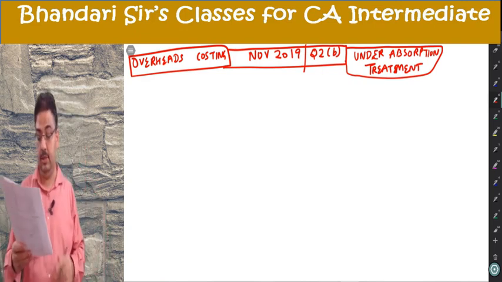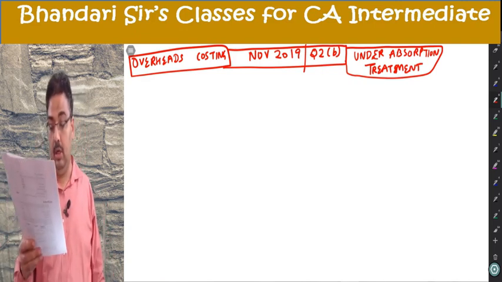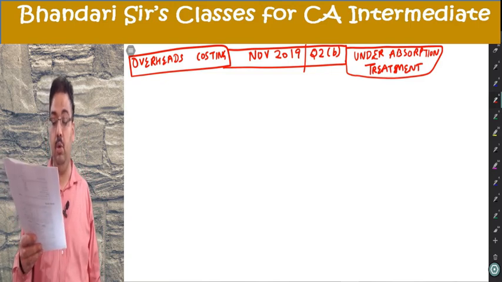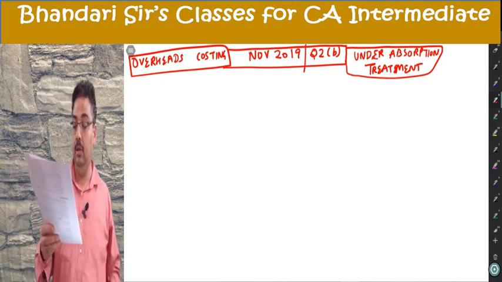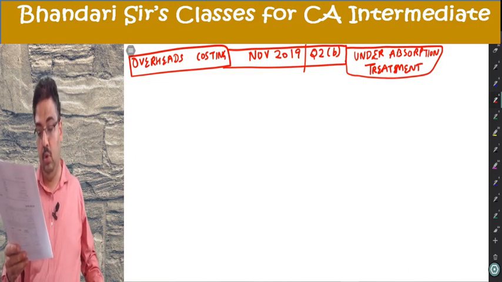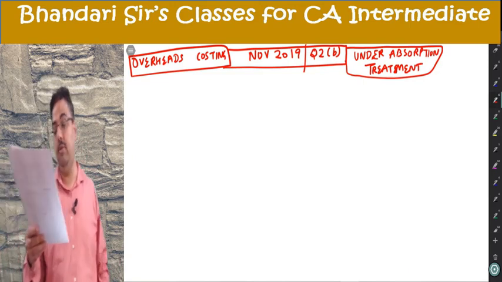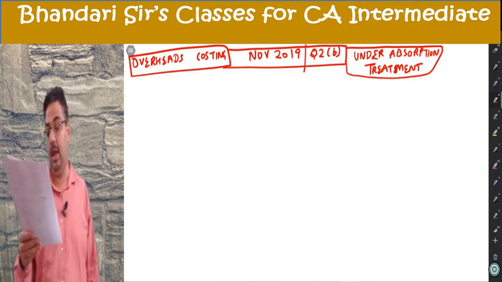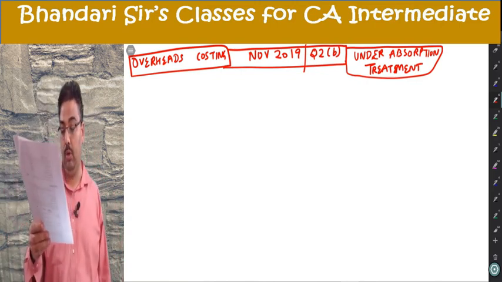ABS Enterprise produces a product and adopts a policy to recover factory overheads applying a blanket rate based on machine hours. Cost records are as follows. You are given budgeted overheads, budgeted machine hours, actual machine hours, actual overheads.